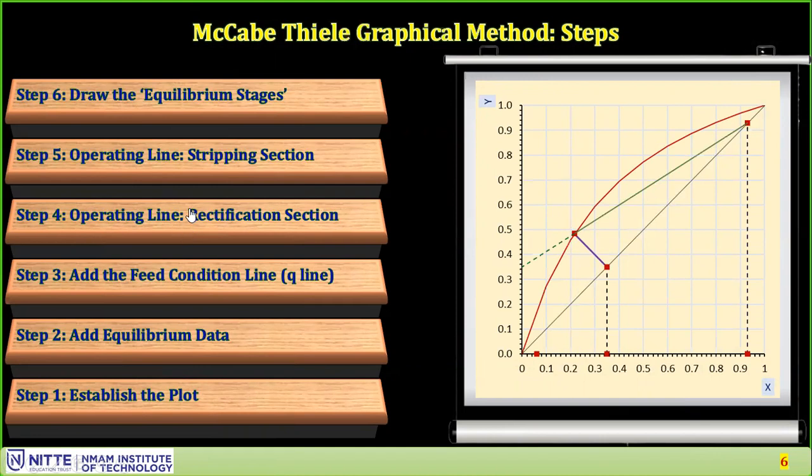There are two sub-steps here. One, we calculate for the minimum condition, then we calculate for the actual condition. Then in step 5 we calculate the operating line for the stripping section, and in the last step we calculate the number of stages, how many stages are present. So let's look into it in a little detail, how each of these steps is done. Let's look into it in a detailed way.